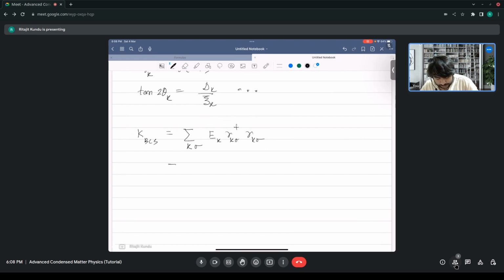So plus the summation over k of xi_k minus E_k, minus the constant term which came from the mean field.